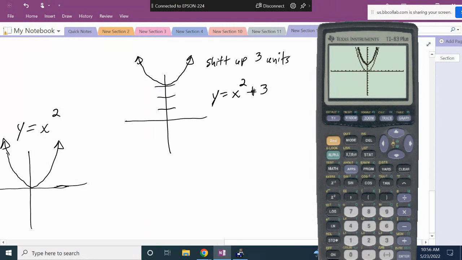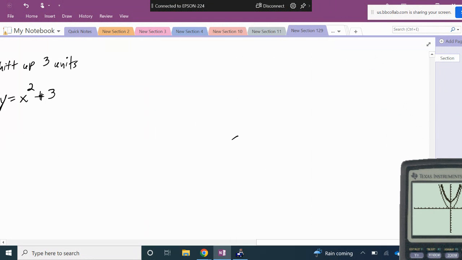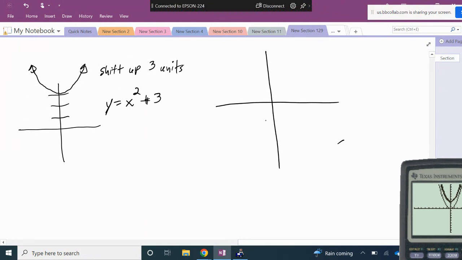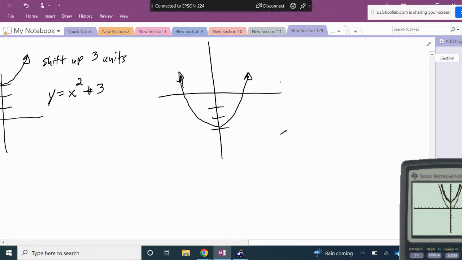All right, so on the flip side, let's take the graph x squared and shift it down 3 units.